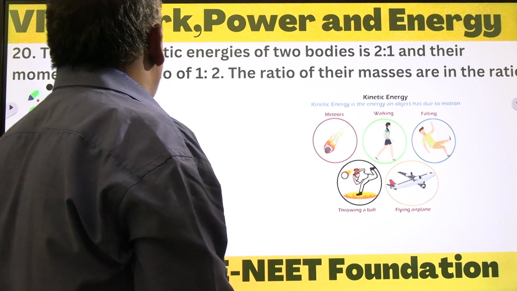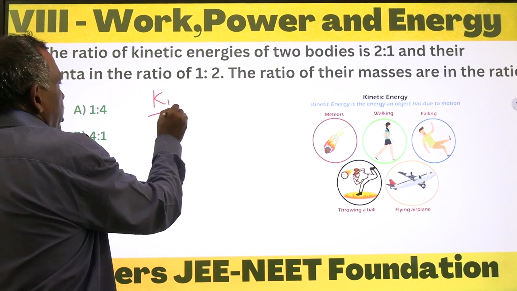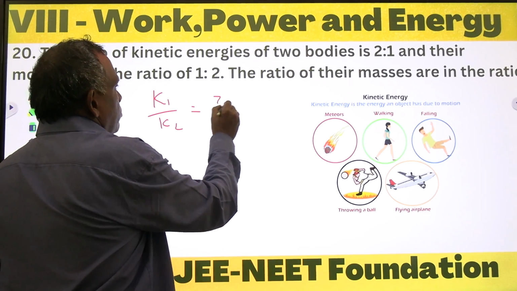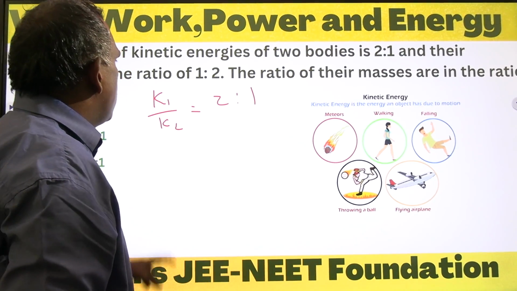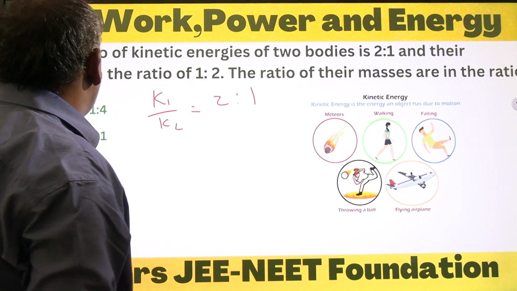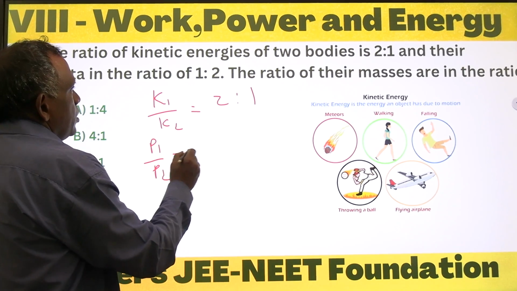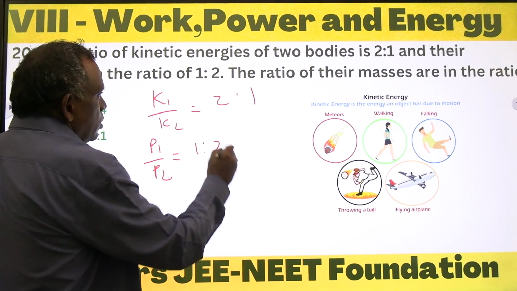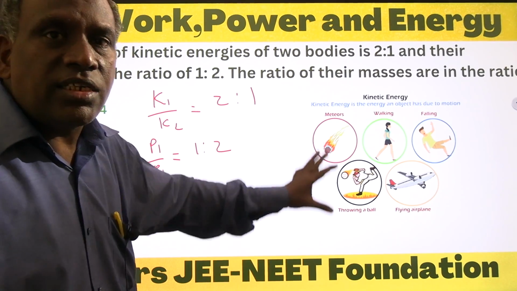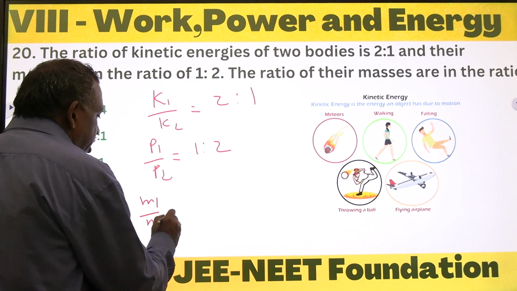See, here the kinetic energies ratio K1 upon K2 is 2:1, and their momentum ratio P1 upon P2 is 1:2. The masses ratio, M1 upon M2, you have to find out.